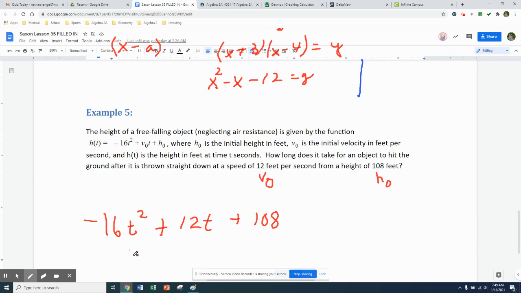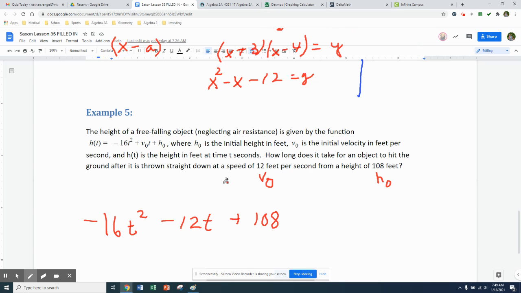So there would be our answer. And I am incorrect on one thing. Since we are throwing a ball downwards, that's going to be a negative velocity. So that would be our result there.